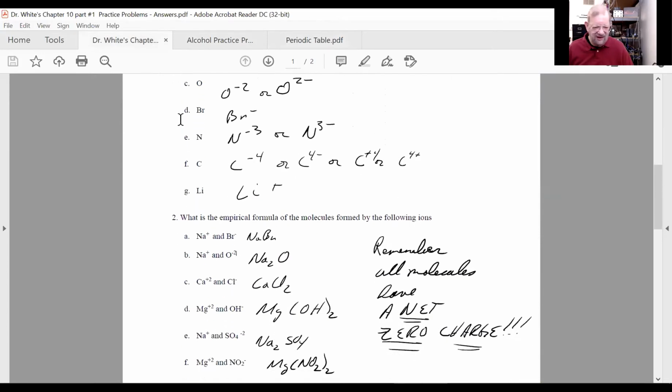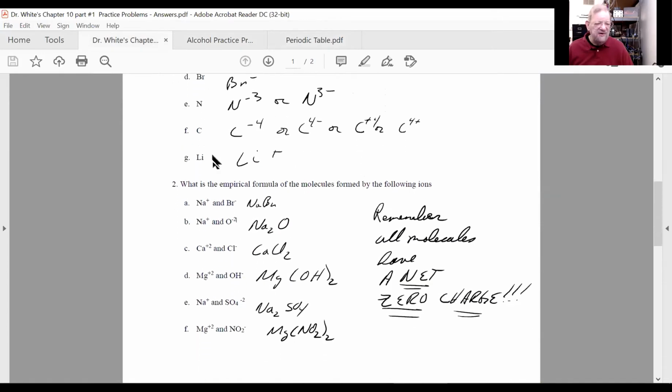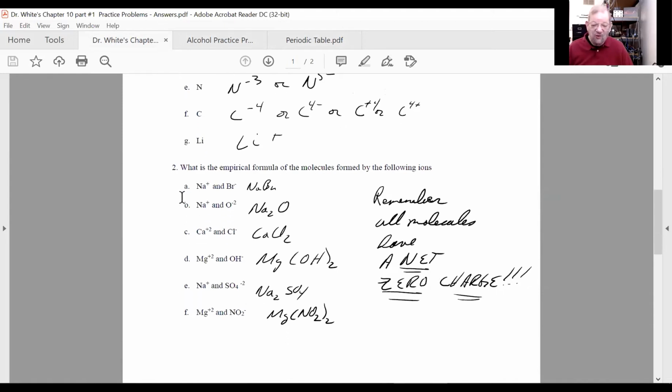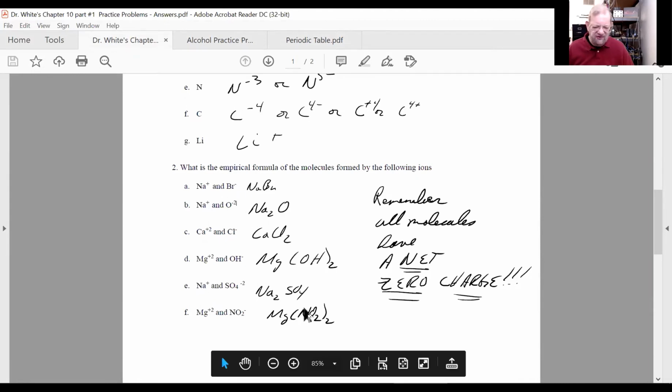Now, next one is write the empirical formula, which means the simplest formula of molecules formed from the following ions. How do you do that? Well, you remember all molecules have a net zero charge, which is what I wrote down here. What does that mean? Let's look at the first one.